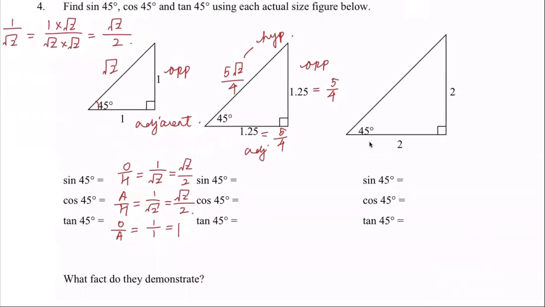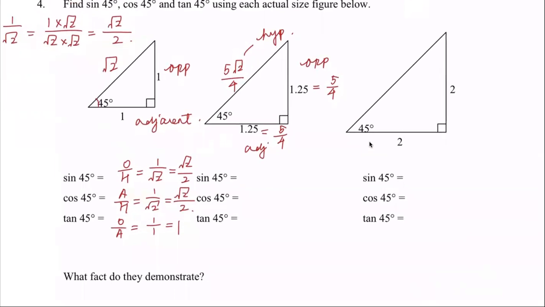So sine 45 degrees is equal to O over H. So here we are going to use these numbers. O over H is equal to 5 over 4 over 5 times square root of 2 over 4. So this is equal to 5 over 4 times 4 over 5 times square root of 2.